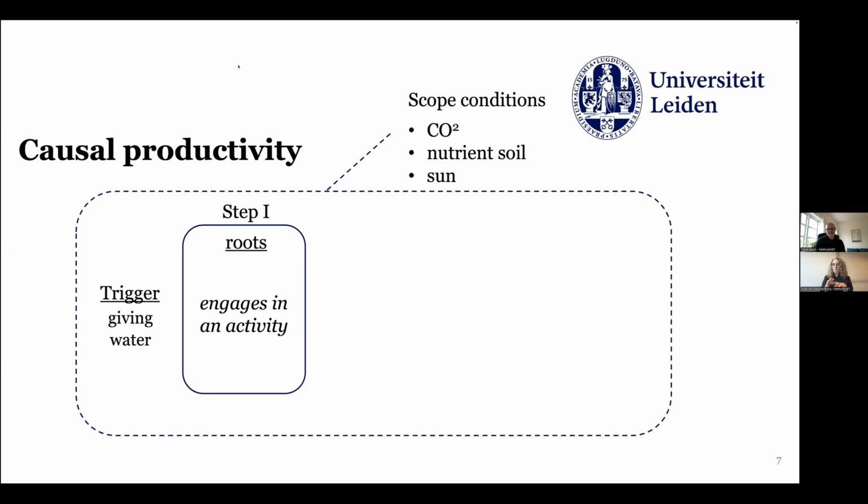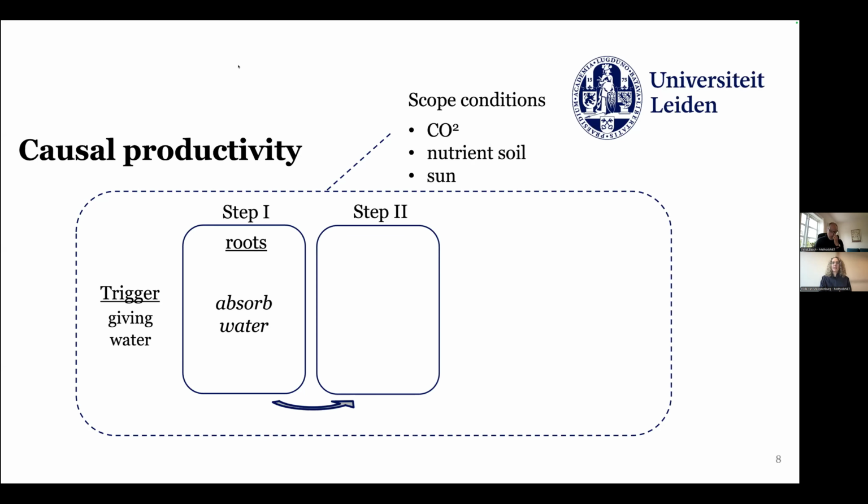The roots feel that there's water and they start doing their root thing. In this case, they start absorbing the water. So this is a very concrete instance where you can say, okay, we have a trigger and an entity, roots, start doing something. They start absorbing that water from the soil, which is the nutritious soil, which is something we just take as a background condition for now. Now that the water is in the tree, because the roots just absorbed it, a next step happens, right?